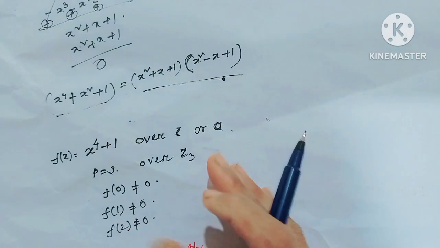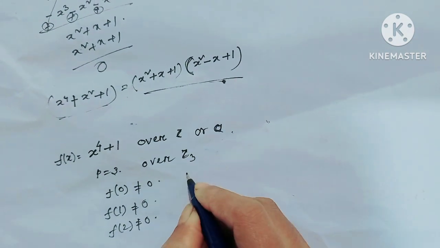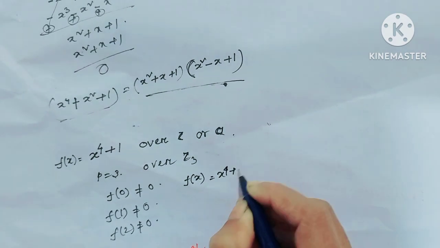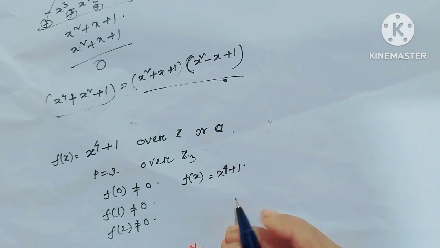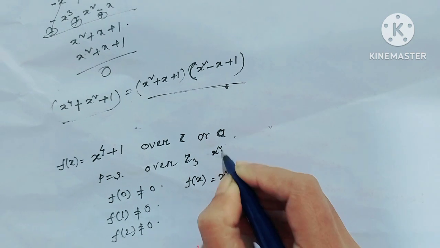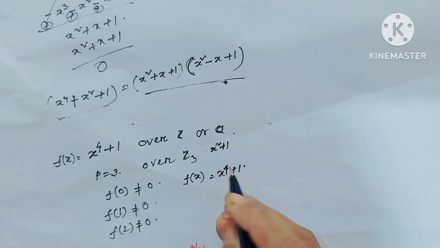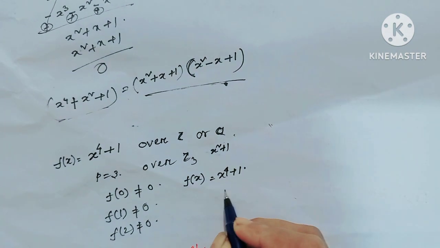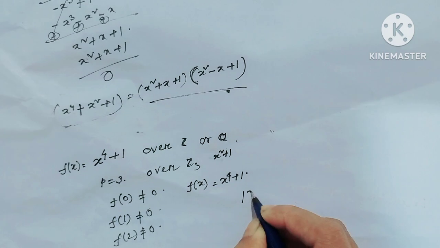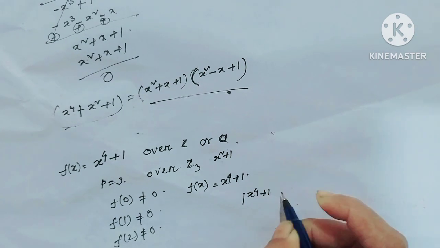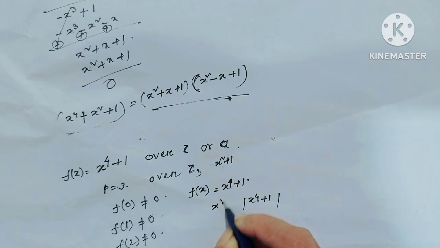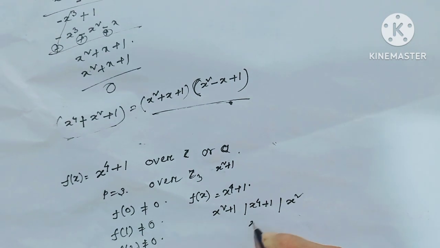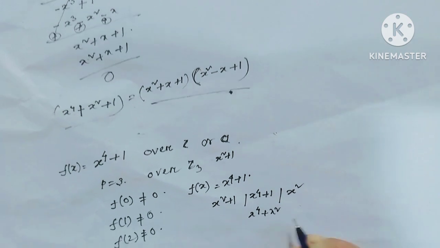Now f(x) equal to x to the power 4 plus 1. In Z3, x square plus 1, obviously this is an irreducible polynomial in Z3. And if we divide x to the power 4 plus 1 by x square plus 1, then this would be x square, meaning this would be x to the power 4 plus x square.